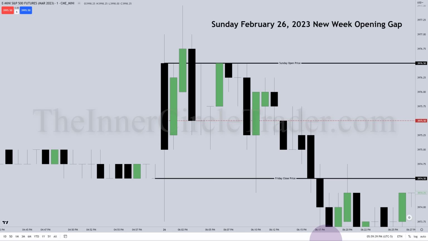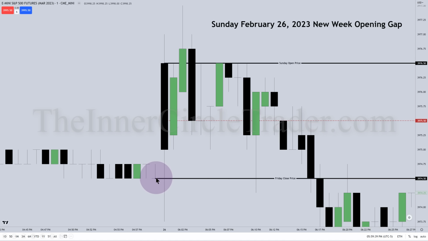Okay, and then the following week would be Sunday, February 26th, 2023, new week opening gap. Friday's closing price here. Sunday's opening price here. Between the two, 50% consequent encroachment. And incidentally, you can add quadrants.